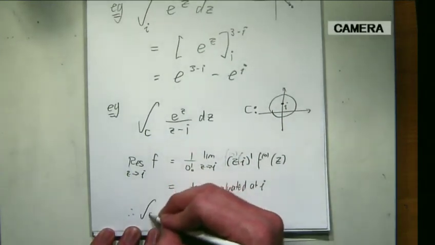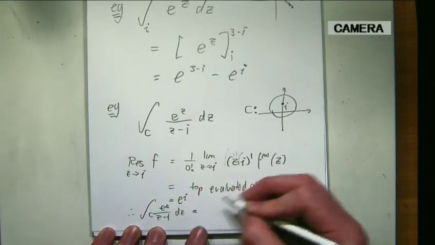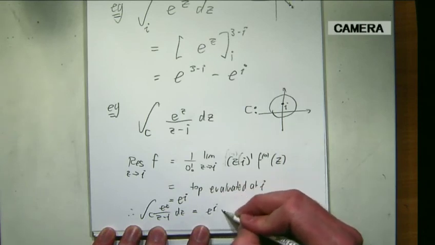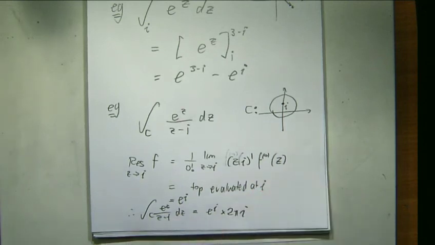And so therefore the integral over c of e to the z over z minus i dz is e to the i times 2 pi i, right? That's the residue theorem. Ta-da! So the key is if you've got multiple things on the bottom, then you're going to have to deal with each of them separately.